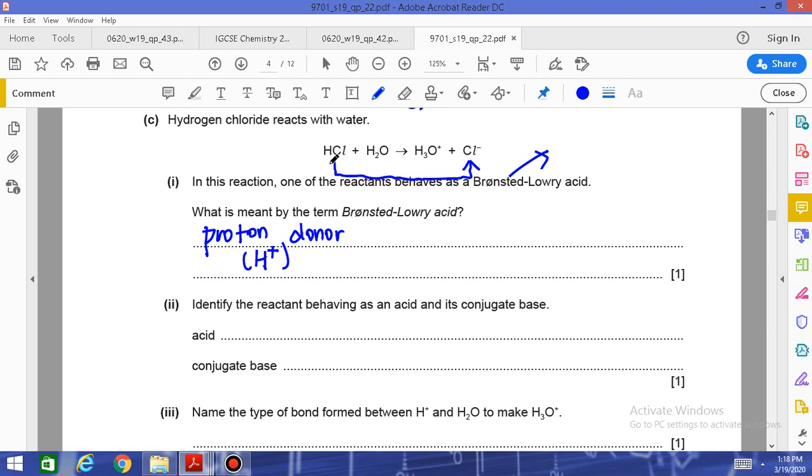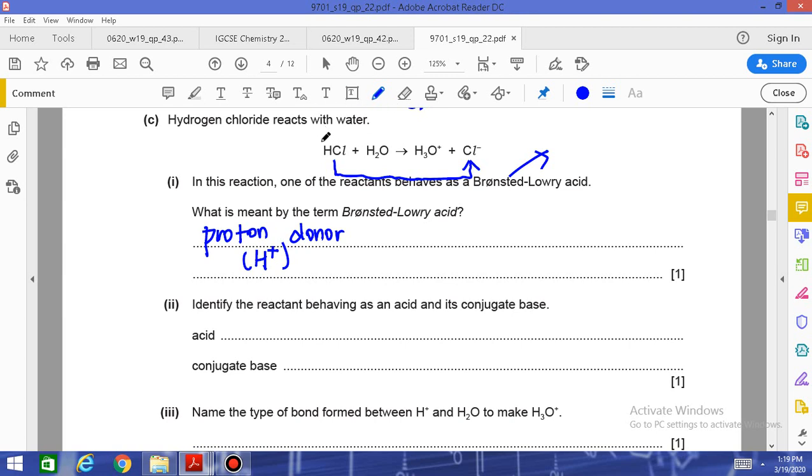And look at the pair. From HCl to Cl minus, it means that HCl loses one hydrogen ion, or one H plus, or one proton.